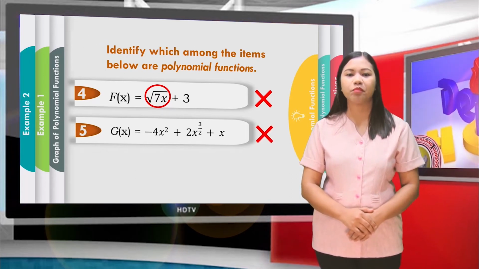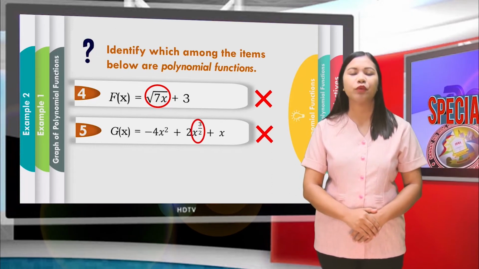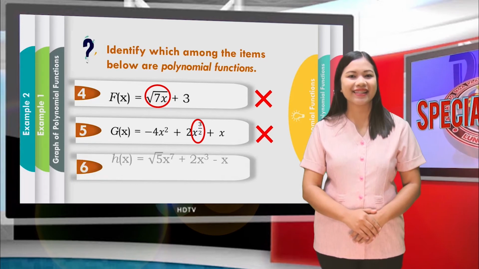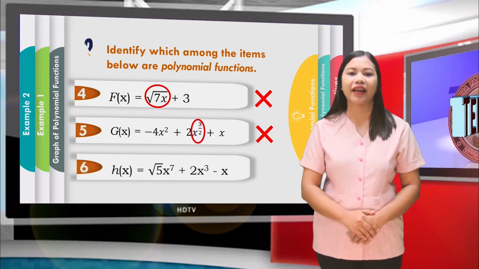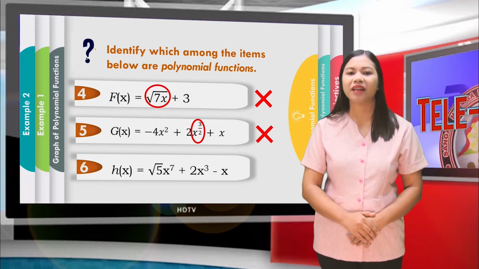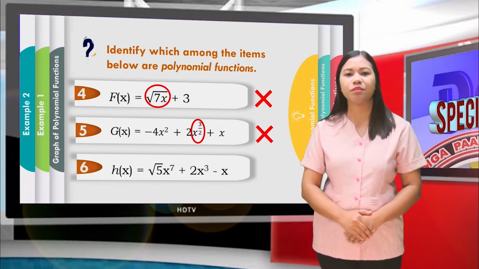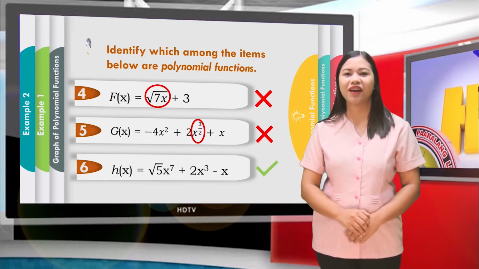It is not a polynomial function because it has a variable with fractional exponent. Number 6, h of x equals the square root of 5 multiplied by x raised to 7 plus 2x cubed minus x. Yes, it is a polynomial function.